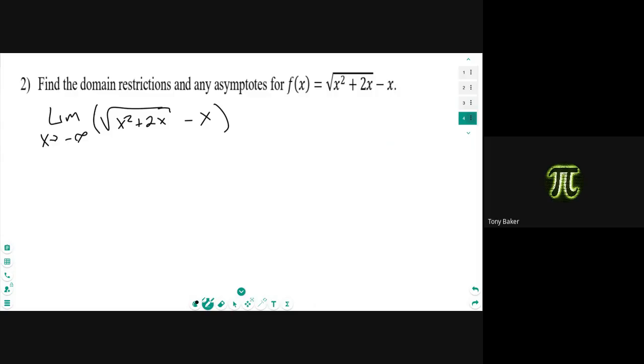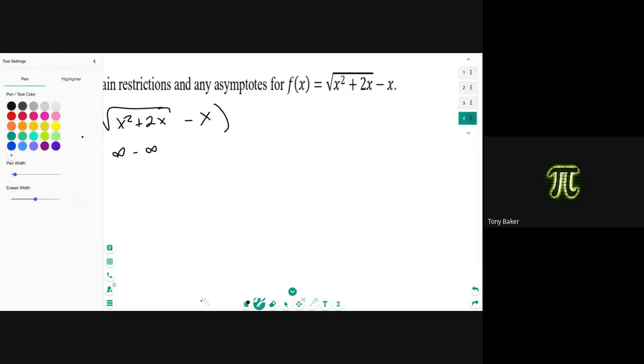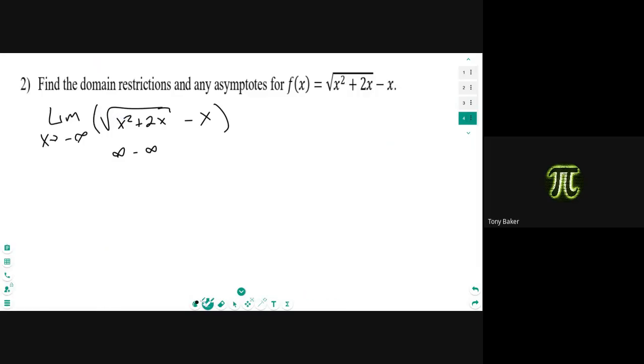If you plug in negative infinity, what are you going to get inside the square root? You do technically get infinity minus infinity. I will give you that one. However, if you look, I will allow you to do this every so often.